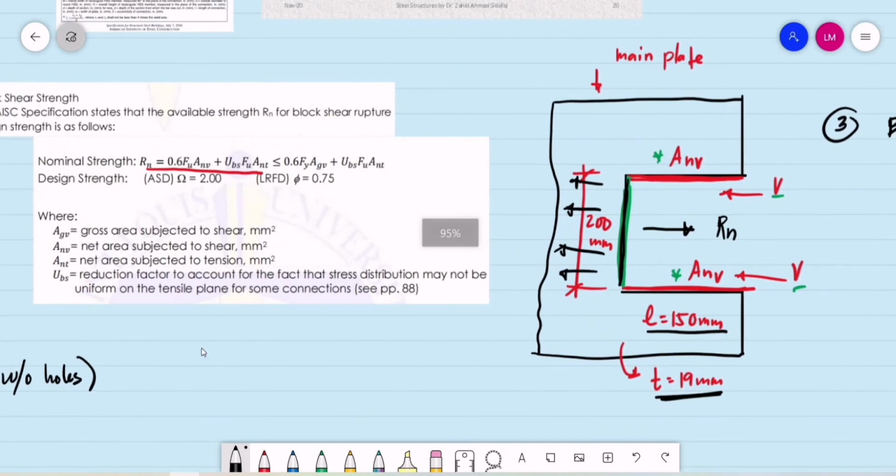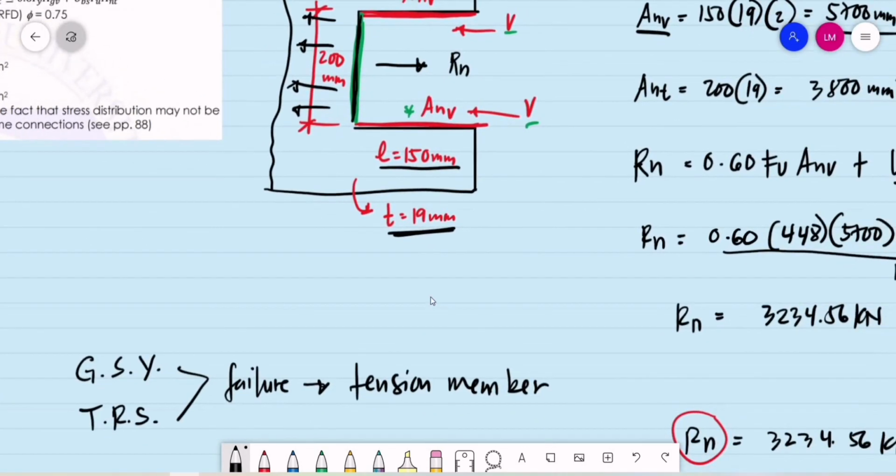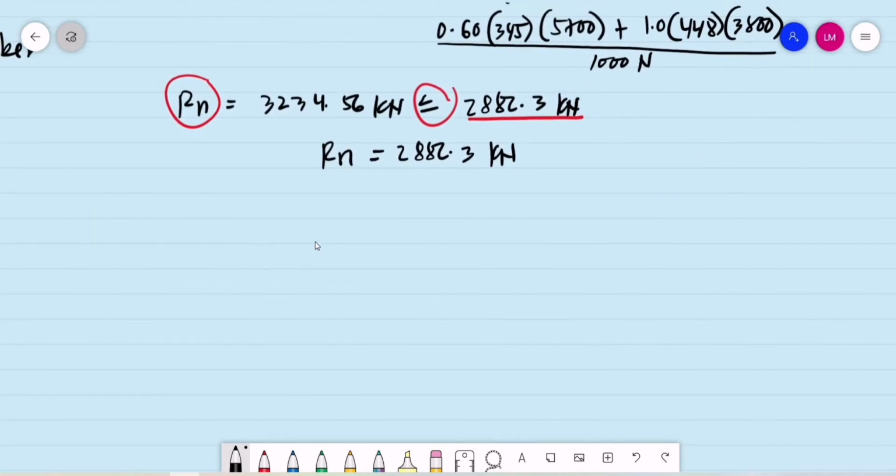Then let's have our reduction factor and the factor of safety. So for ASD, 2.0. For LRFD, 0.75. The same as the tensile rupture strength. Okay, for under LRFD, we have the reduction factor, that is equal to 0.75. So we have that Pu, or Ru, will be equal to the same as the phi Rn.